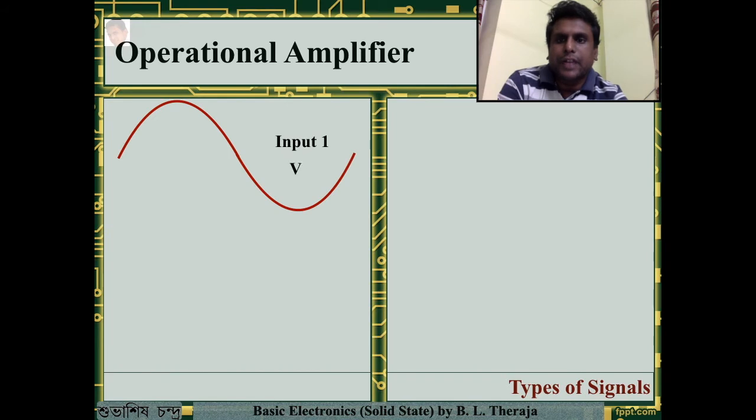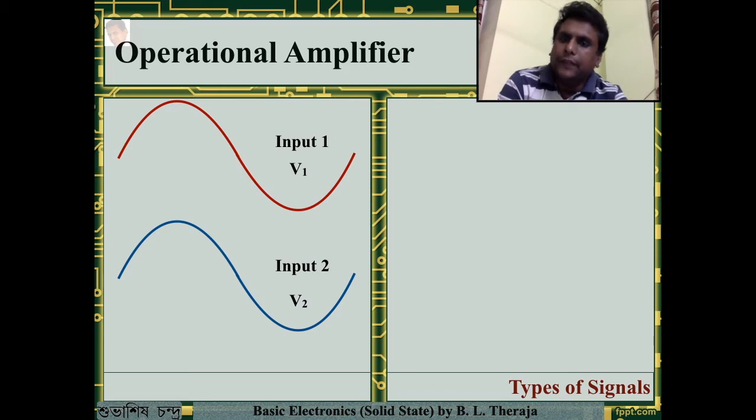This is the first type, in which both the signals are in phase. One of them will be applied to Q1 and one of them will be applied to Q2, and both are in phase and their amplitude is also the same. So when you have two in-phase signals with the same amplitude, they are called common mode signals.